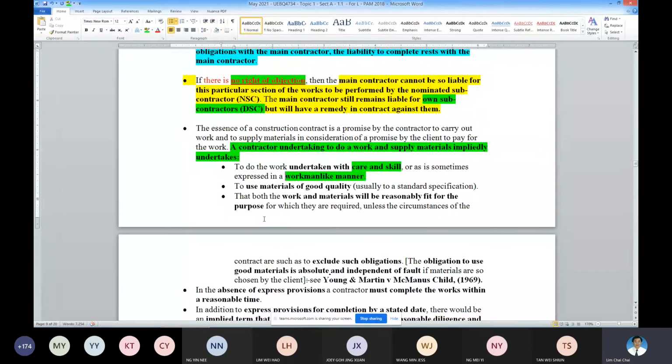Okay, and also this is a very important one. Work and material must be fit for the purpose. This is a very important clause. Fit for the purpose. We may have to go into this one later to understand the meaning of fit for purpose.